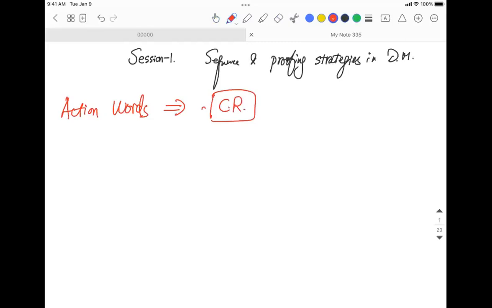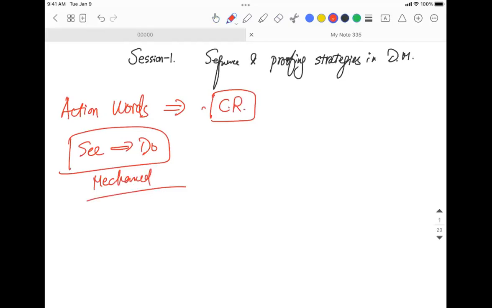As long as you have built up all those mechanical processes, when you see new problems, you do this in a more intuitive way. You do not have to think from scratch. You can directly see this and do this. This is going to help expedite your solution process. This is one thing.